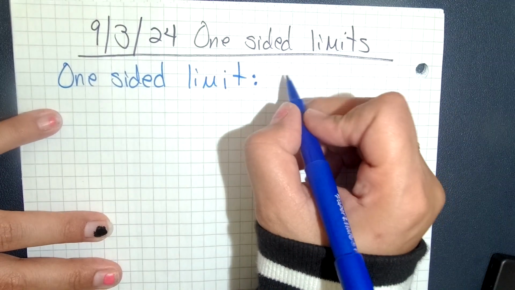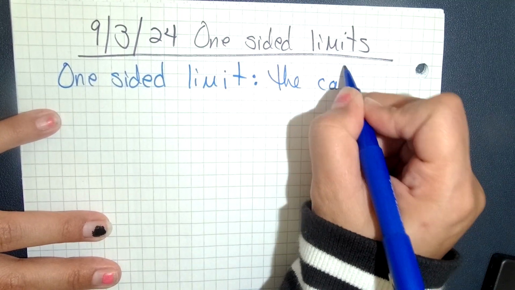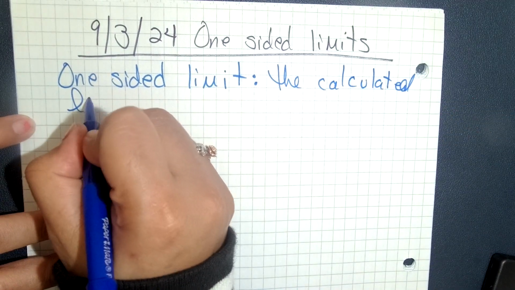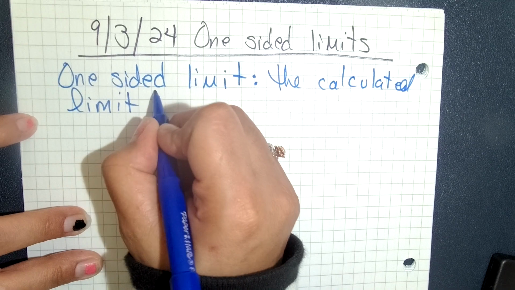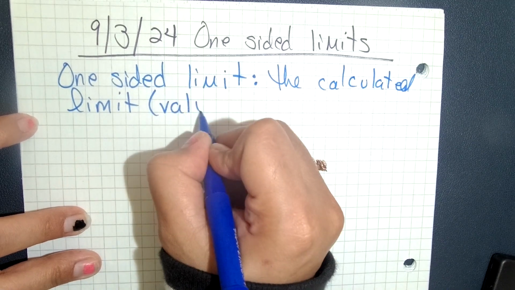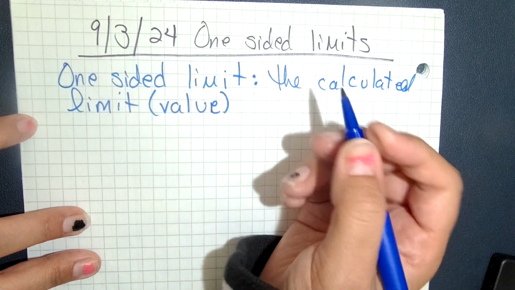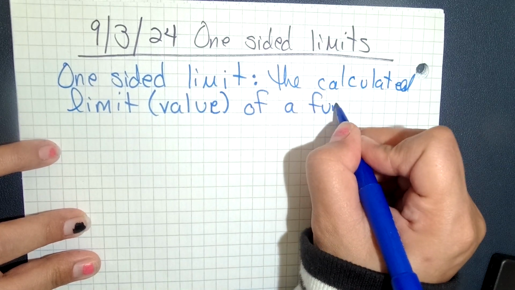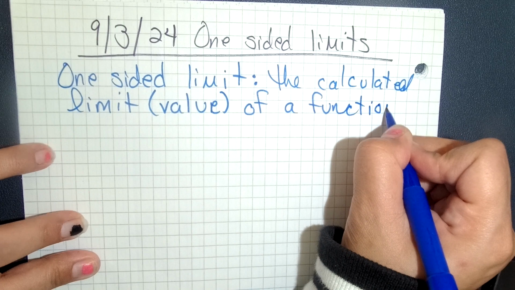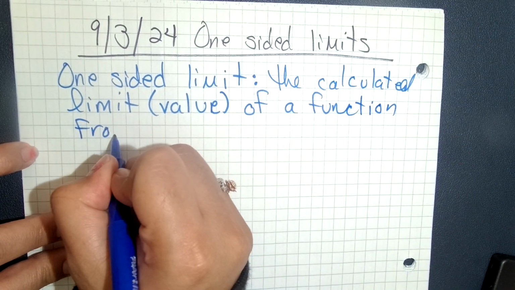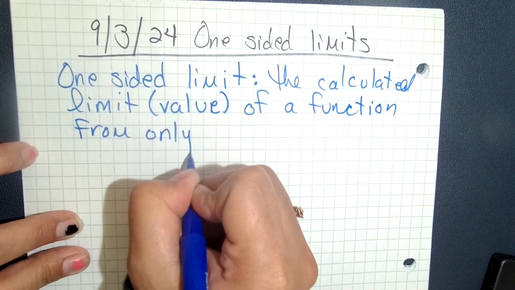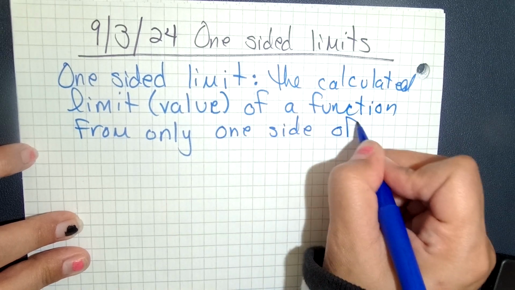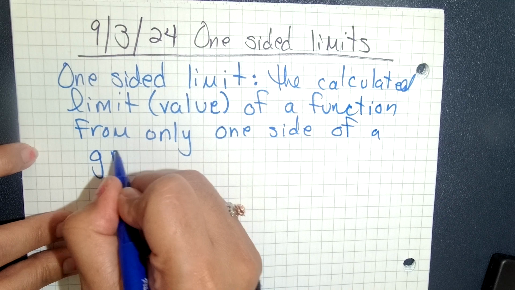A one-sided limit is the calculated limit. It has to be a number, or it could be not existing, of a function from only one side of a graph.